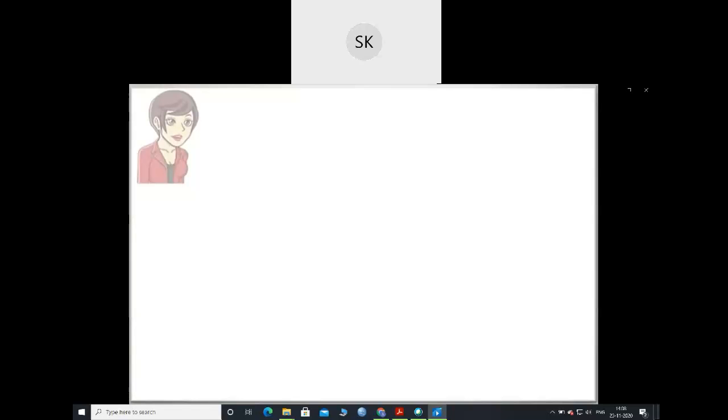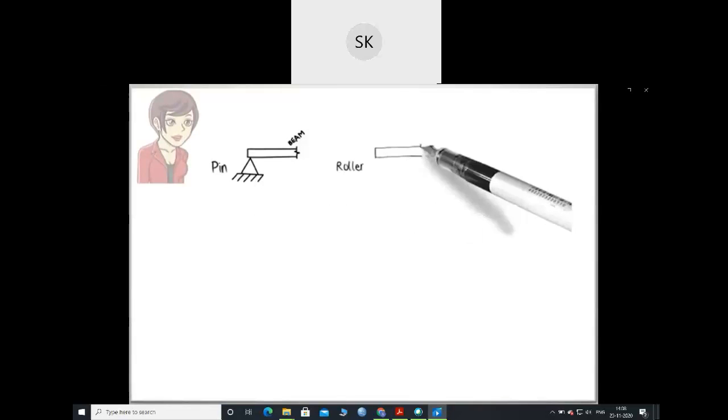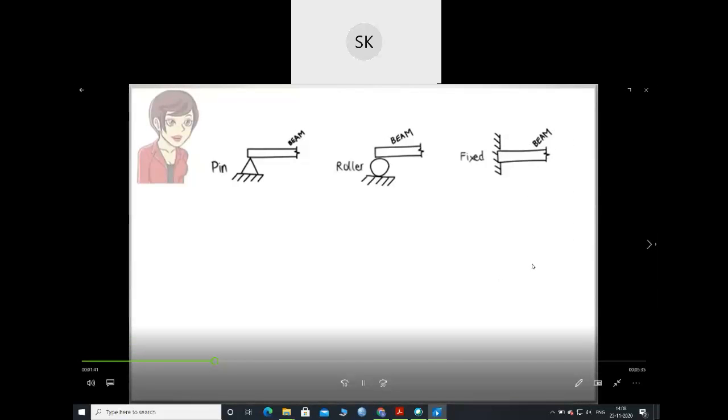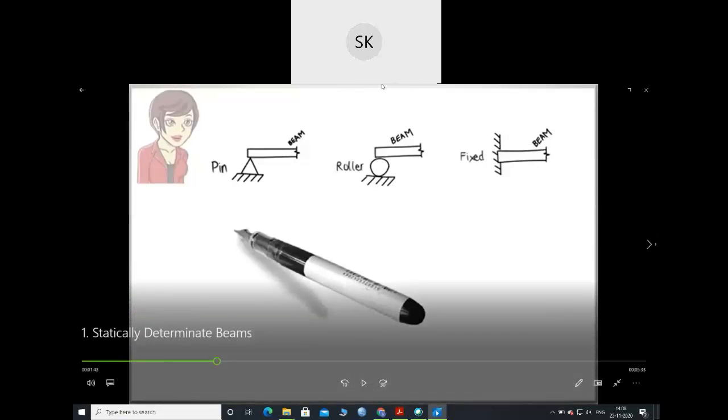Before we can answer the question, let's review reaction forces associated with each type of support. The three most common support types are pin, roller, and fixed supports.